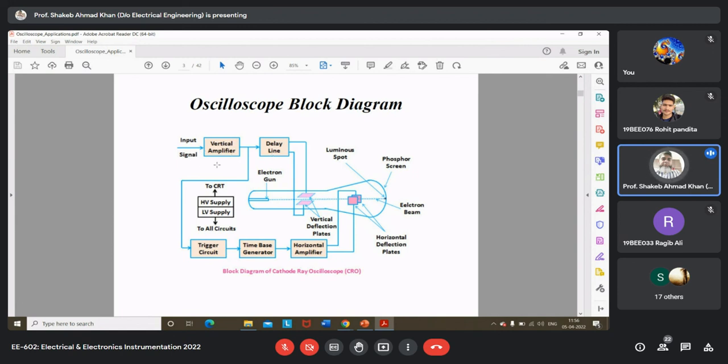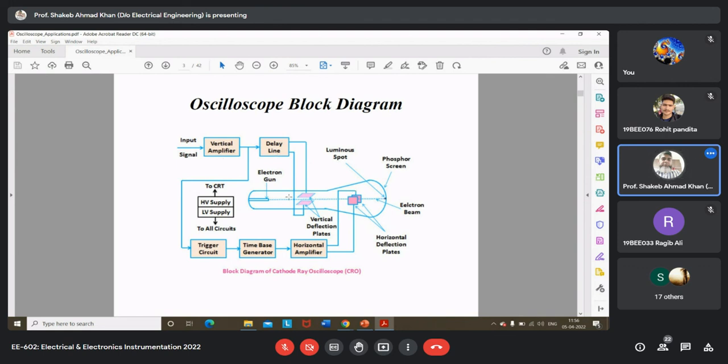This vertical amplifier scales the voltage, because we require a very small voltage variation across the vertical plates to deflect the electron beam across the whole screen. If your signal is very small, it will be amplified to a sufficient level, and if it is very large, it will be attenuated.